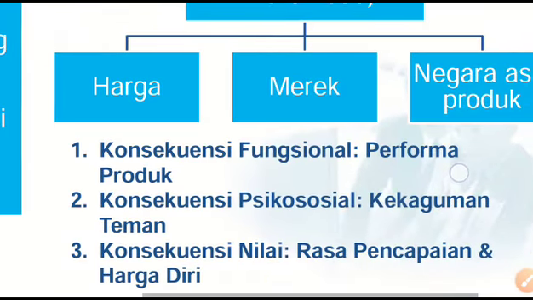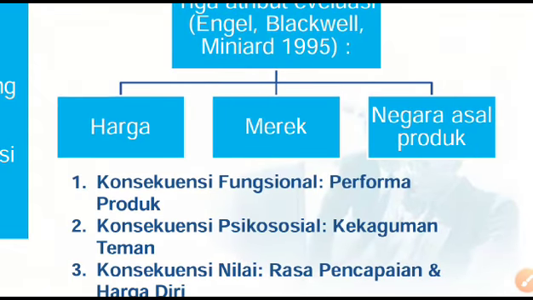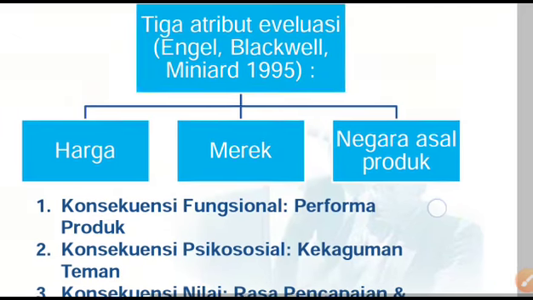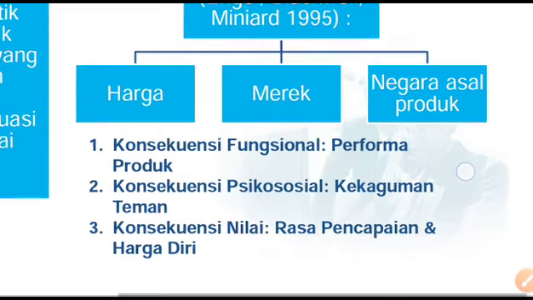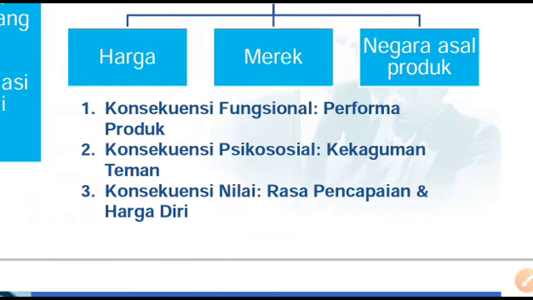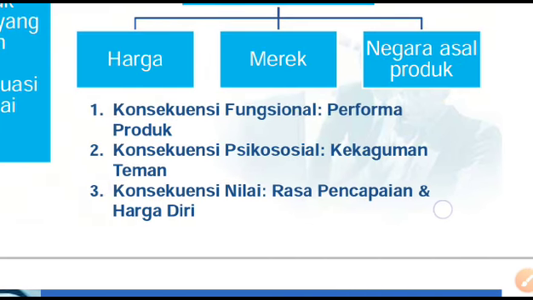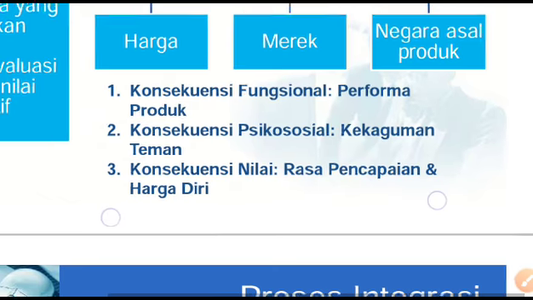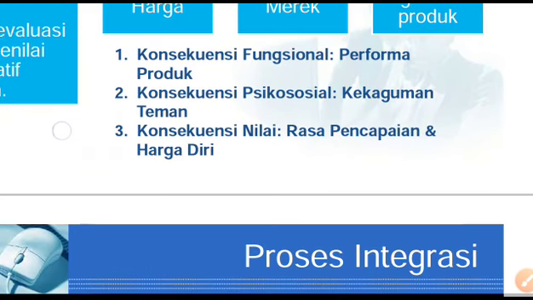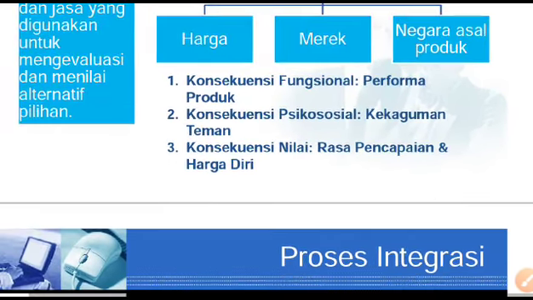The first is the consumer will consider price, and then brand, and how about the product, ya. The functional consequence is about the performance of the product, and then the psychological consequence, admiration from friends, actualization of personal self, and the value consequence: a sense of achievement, and practice, ya, self-esteem.